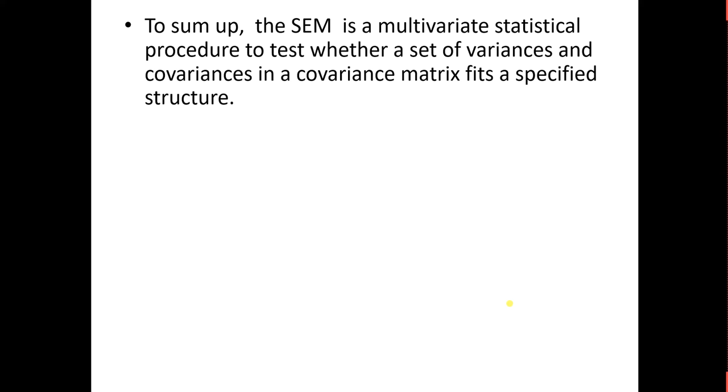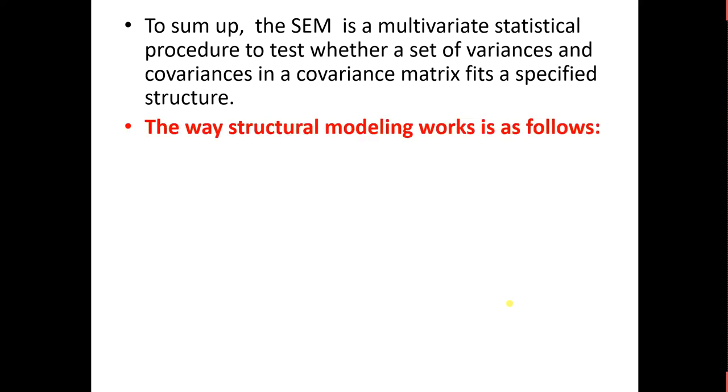So we develop a model based on earlier theory and research, then we collect data, and then we try to see whether the structural relationship among variables in the model fits the pattern of relationship in the data or not.